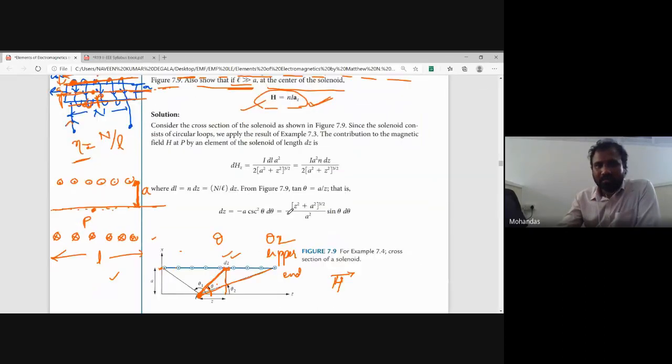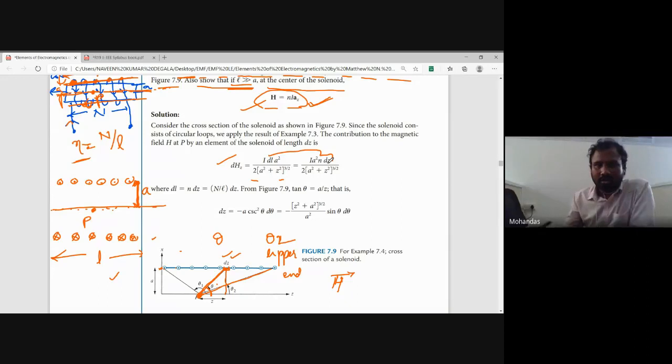See here, this is the derivation in the textbook. Each and everything will be there. Everybody go through that. So dH equal to I dL a square divided by 2 into (a square plus z square). After completion of this class, everybody go through this textbook. So instead of writing dL, what have you written? n into dz. Now you can understand why you have written n into dz.